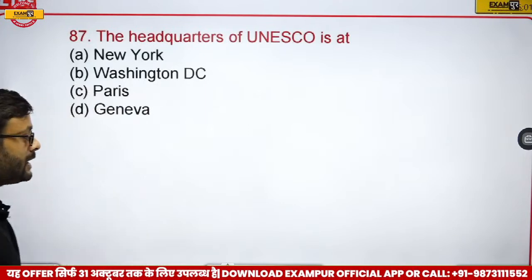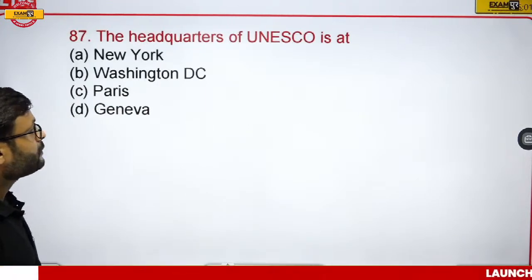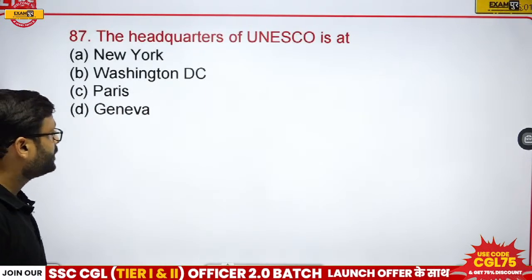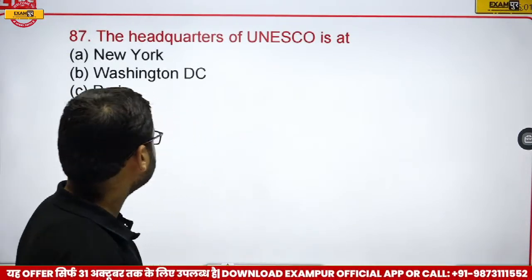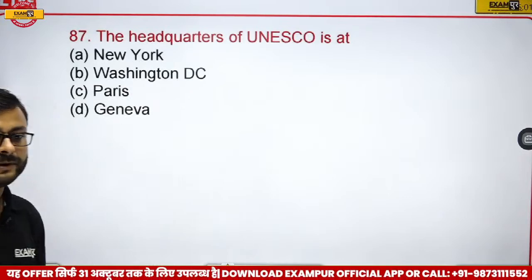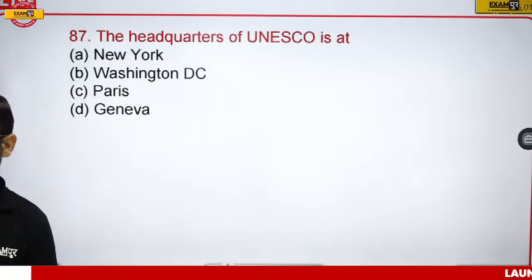So the next question asked here is, the headquarters of UNESCO is at New York, Washington DC, Paris or Geneva. So what is the correct answer? Can you tell me? What is the correct answer for this question?